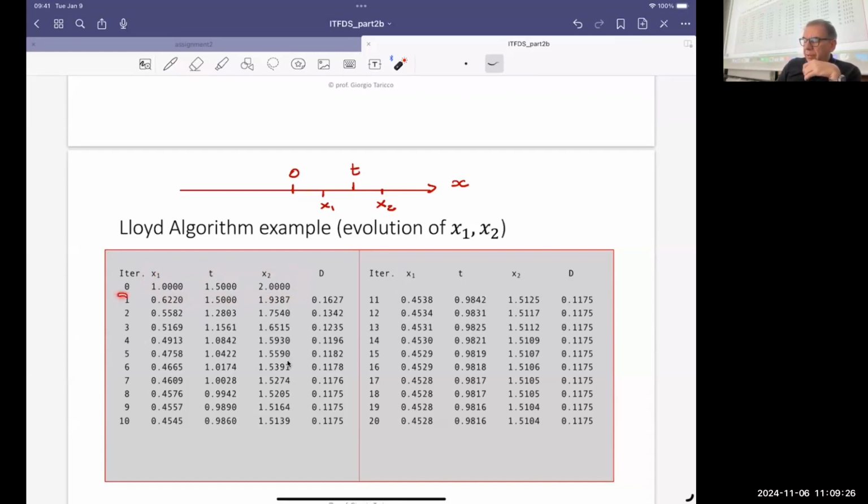Next, for the following steps, we calculate the iterative refinements of x1, x2, and T. So first of all, we can calculate the next T, that is 1 plus 2 divided by 2, and in fact, this is 1.5. And next, we calculate the two centroids.